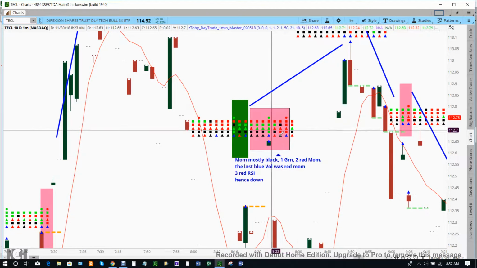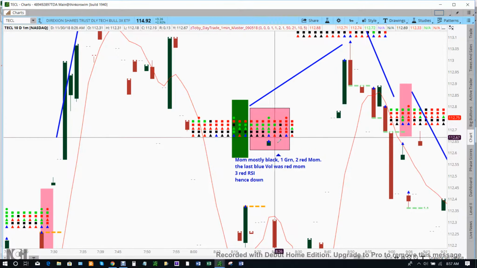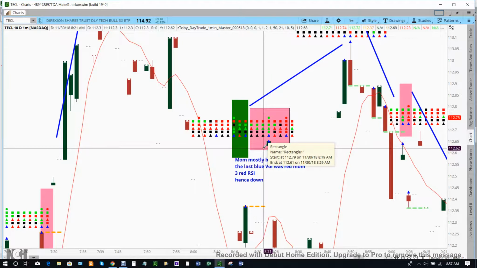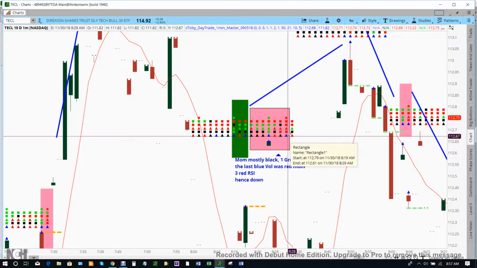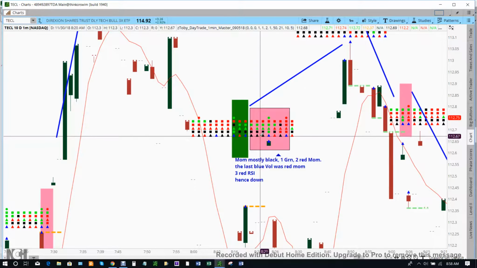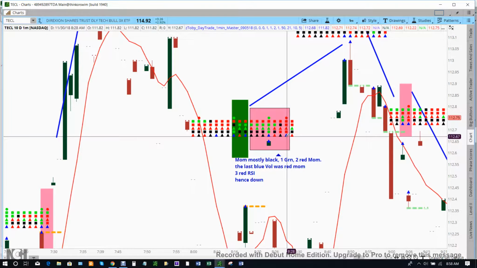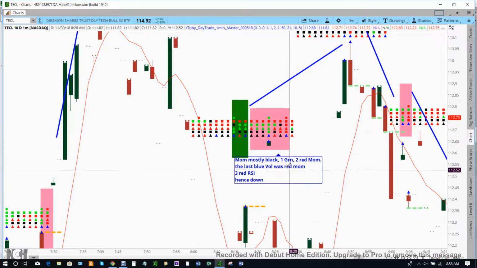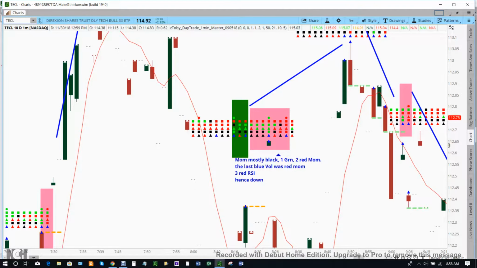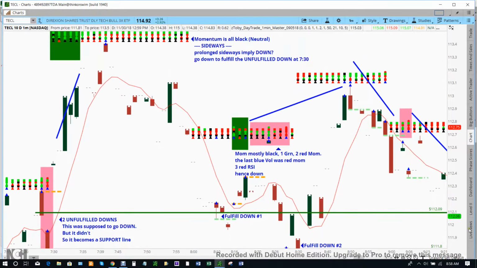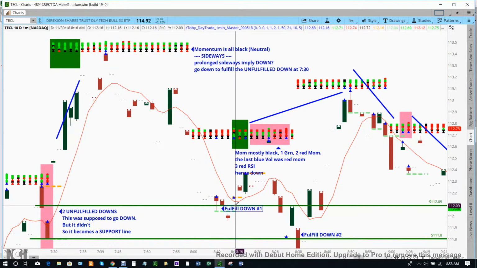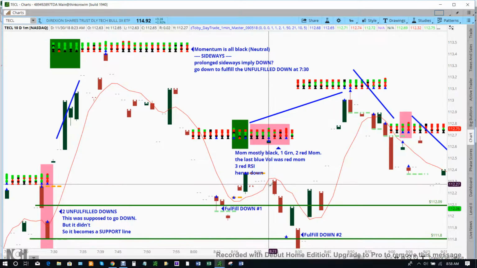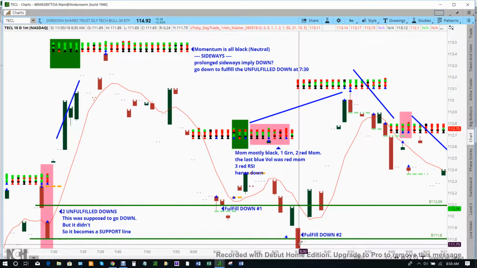That's why I colored it a red rectangle here, because you don't get two blue triangles in a row, but over here you do get a black and a blue, and the momentum's red. So it's going to go down. You would expect it to go down to the second support level at this point. They say that tested the support line here, went back up, and then went through it the second time.